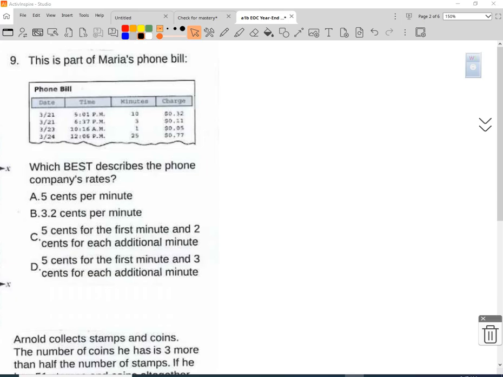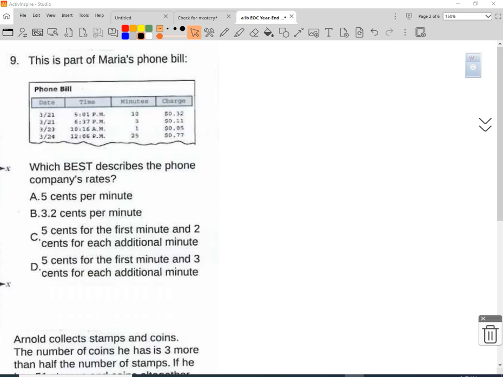But look down to the next line. The next line, it says she talks for 3 minutes, and they charge her 11 cents. So 3 times 3.2 would be 9.6 cents, right? So that can't be right. Will we agree? Let's go down to that third one.